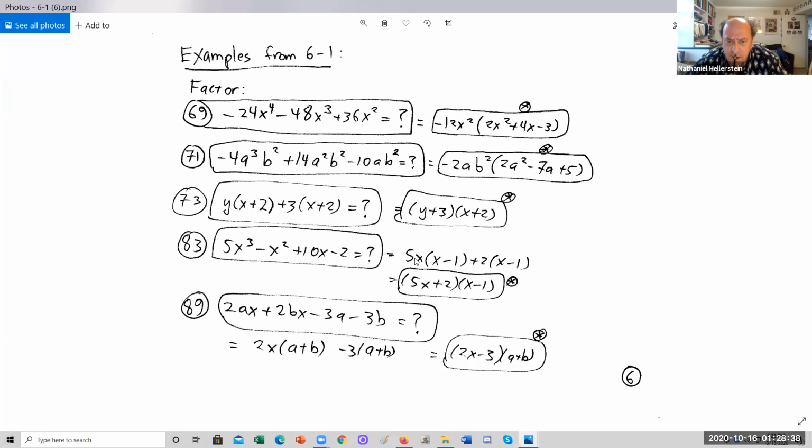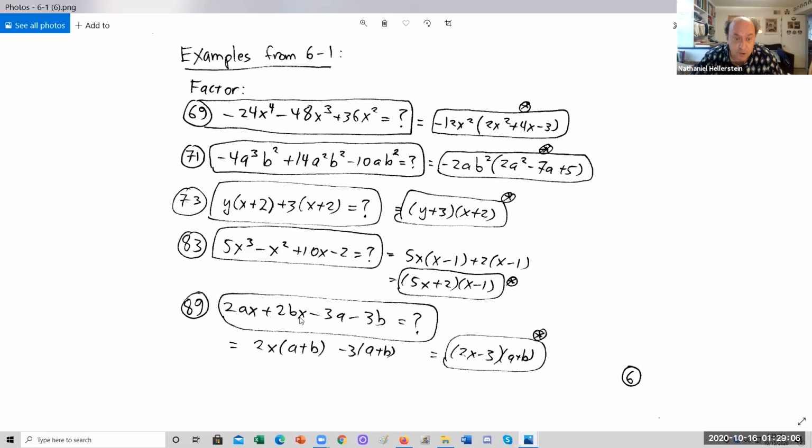I think we might have to make it an x times 5x minus 1, and then here's a 2 times 5x. You know what? This one is completely wrong. I'm going to have to redo this in the Canvas notes. So this is 6-1, number 83. Redo. That was erroneous, so okay, then we're going to have to redo this.